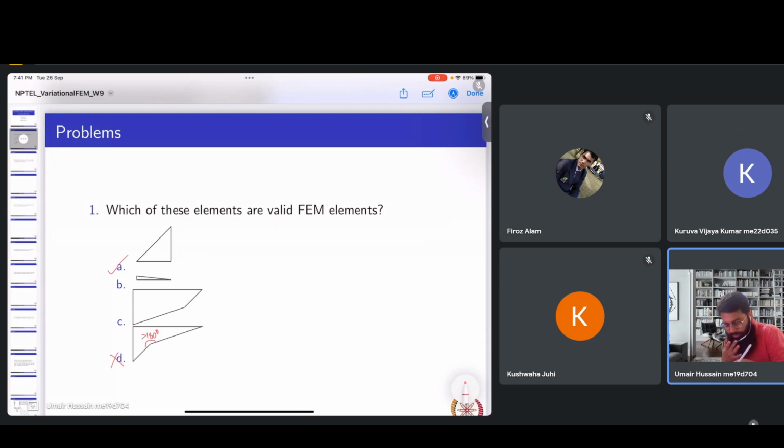If we use this kind of element, the determinant of the Jacobian would be almost tending to zero. So this would also cause numerical issues, and it's better to not use this element. What about C? Yeah, C is fine. It's just a quadrilateral element.